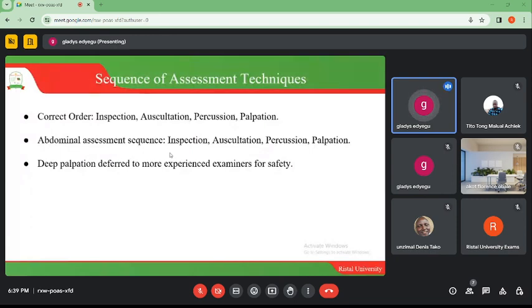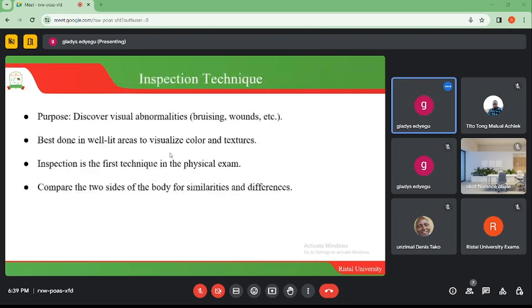No. So when they say deep palpation, there's a way that you're going to do it gently to identify the enlargement of the different organs, and you can assess the size, the normal size, and any deviation in these organs. So on the inspection techniques, the purpose, you have to discover visual abnormalities, and you'll be able to see either bruising or wounds or scars, any kind of thing that you see abnormal on the skin.